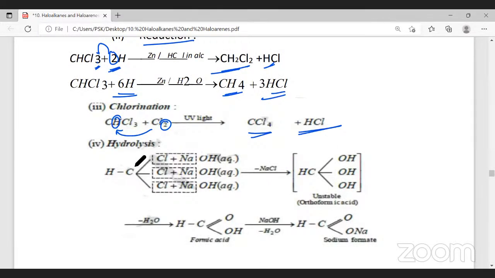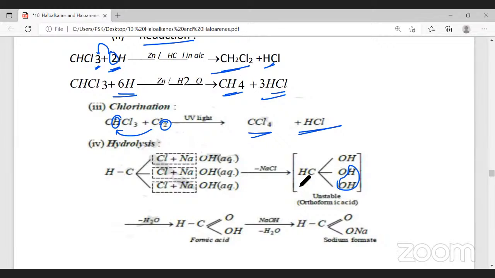Now, this is the second reaction of chloroform, CHCl3. When this chloroform is made to react with aqueous NaOH, NaCl gets eliminated. In place of Cl, OH goes. I told you, if a carbon contains more than one OH, it's unstable. So when it's unstable, it has to lose a water molecule.